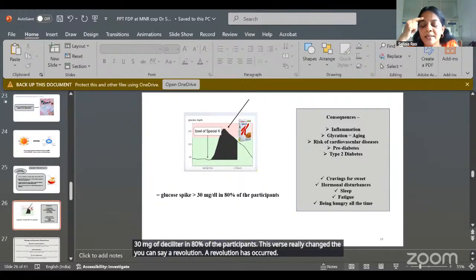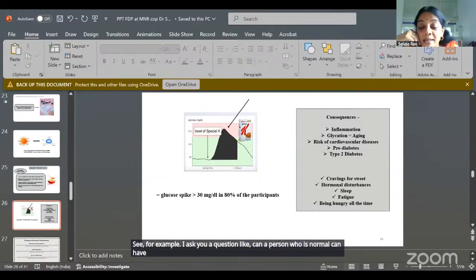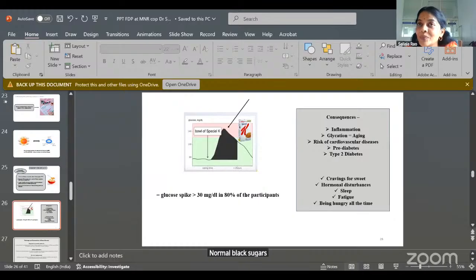For example, I ask you a question: can a normal person have 20 gulab jamun and still have normal blood sugars? Is it possible? No, absolutely not. It is not possible at all, because there is a limit. There is a limit for everything in the human system.